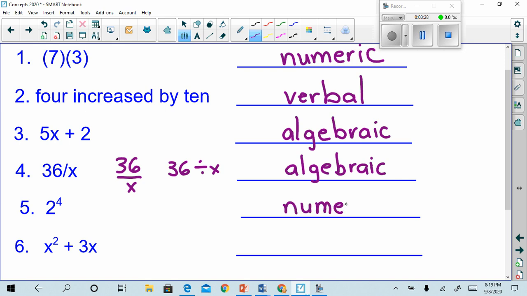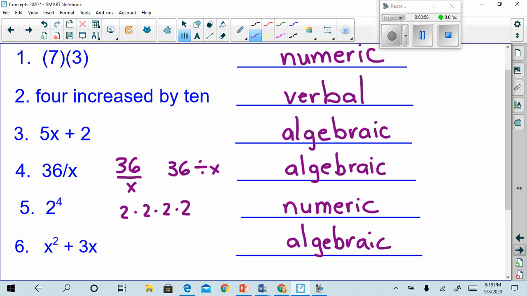Now, you might be asking, well, you don't see an operation symbol, but this expanded is multiplication. x squared plus 3x. Again, I see a power, I see multiplication, I see addition and variables, and that gives me algebraic. So there we have some good examples of our different expressions.